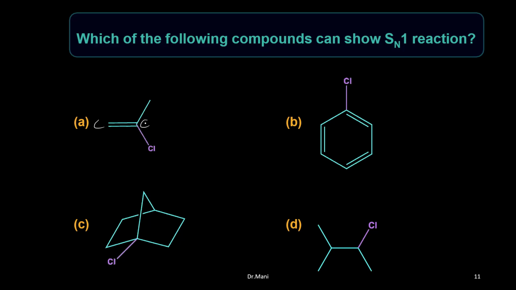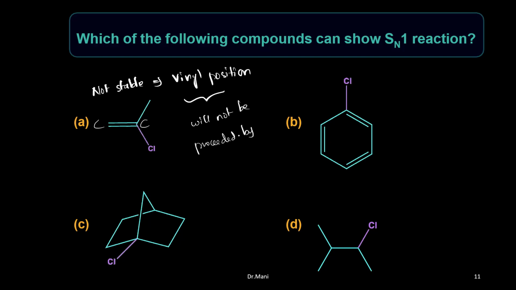And remember this: whenever there is a vinyl position, it is very unstable. So this one is not stable because of the vinyl position. This reaction will not proceed by SN1 reaction. So this will not be my answer.